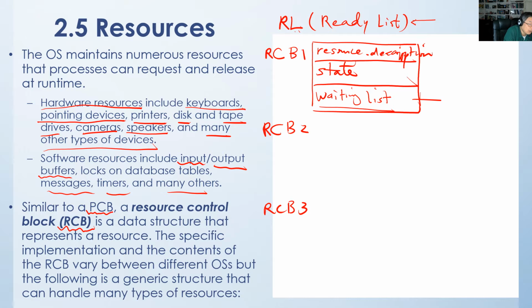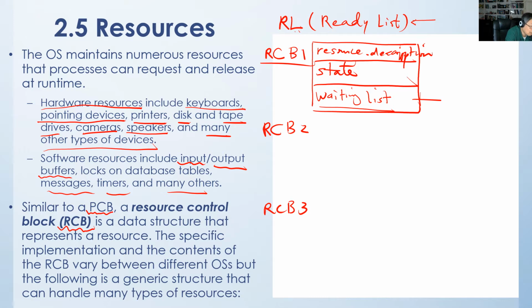Initially the process is in the ready list, and then if a process requests additional resources, for example, a process requests RCB1, the resource 1, but RCB1 is not available.